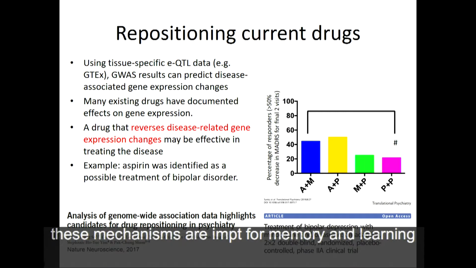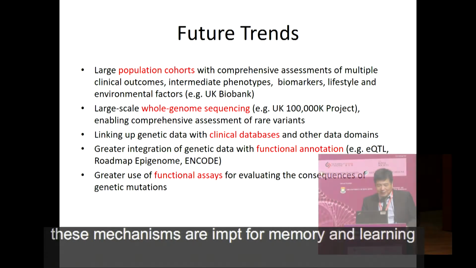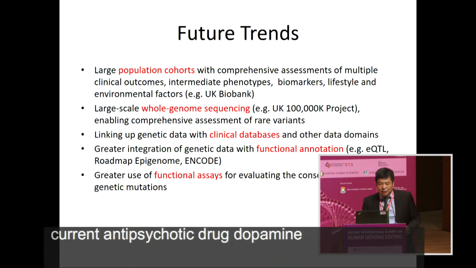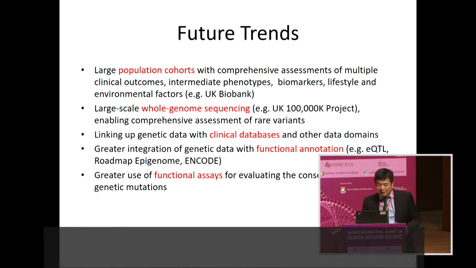Okay, I just want to finish with what I think are some of the future trends. I think we're going to see increasingly large population cohorts which have very comprehensive phenotypic assessments, and assessment of lifestyle, environment, and so on, so that we can look at all these genetic and other factors jointly on a large number of outcomes.